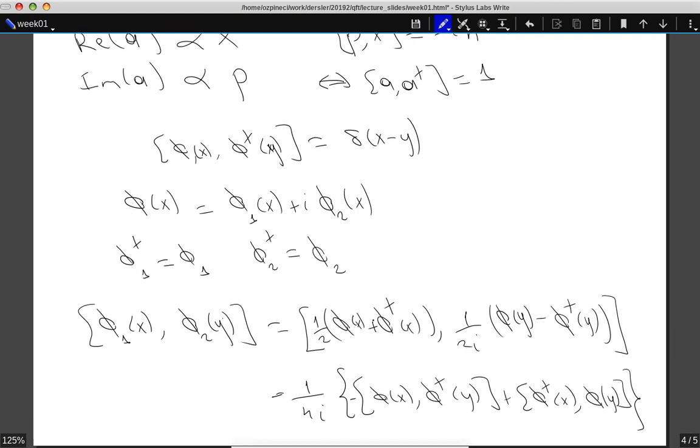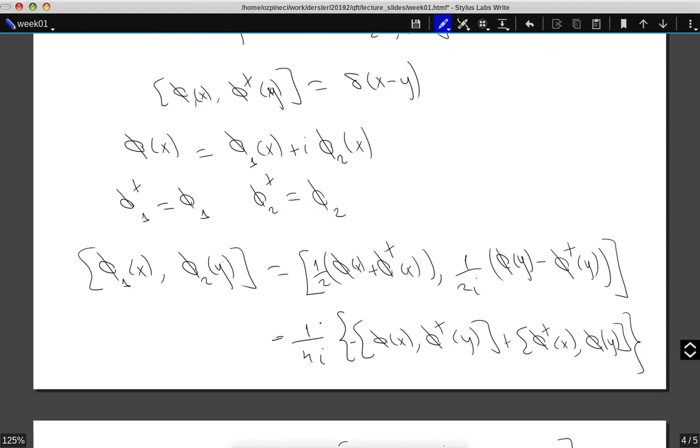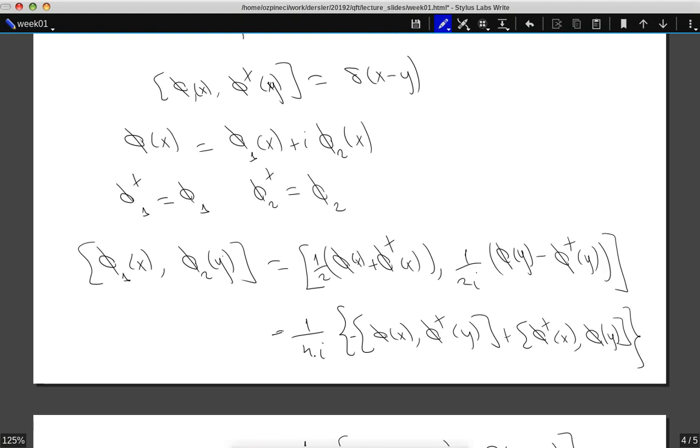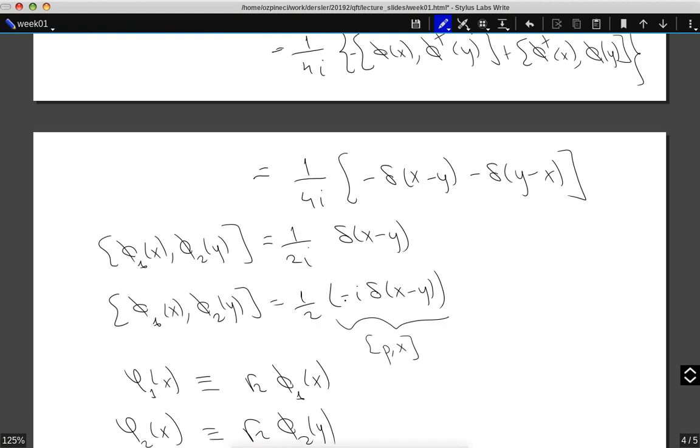These are the real and imaginary parts. Phi 1 is phi plus phi dagger divided by 2, and phi 2 is 1 over 2i phi minus phi dagger. Now here I have 1 over 2, 1 over 2i, so that is 1 over 4i.